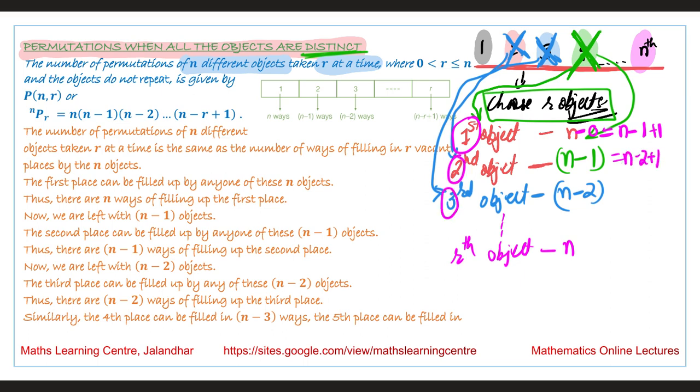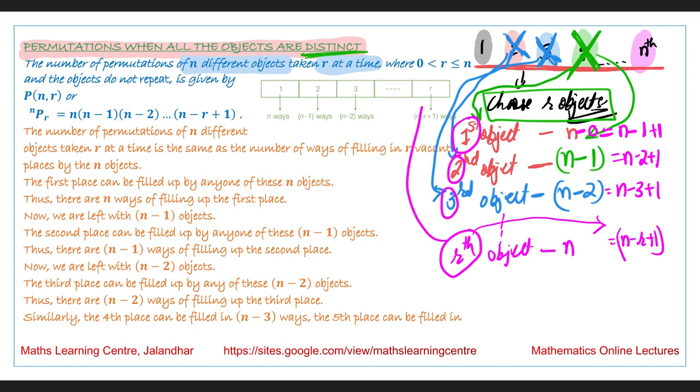For the third object, it is n minus 3 plus 1. So if we are choosing the rth object, the answer is n minus r plus 1. These are the number of ways in which we can choose the rth object.